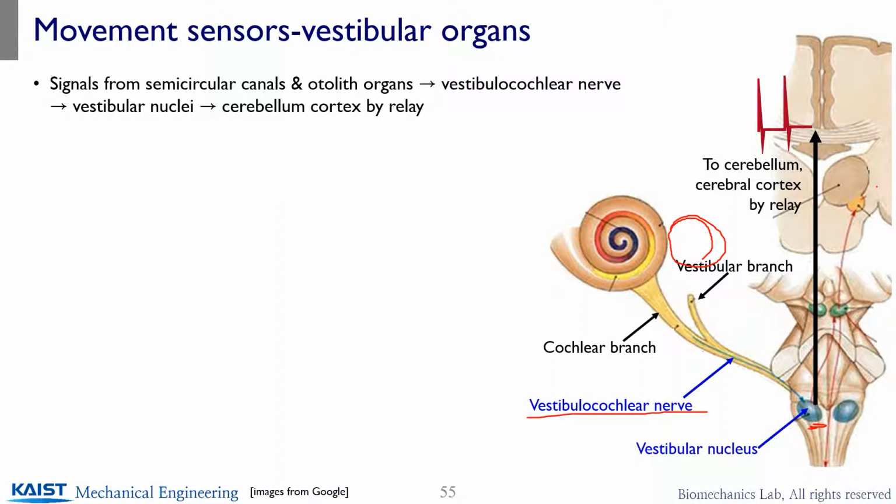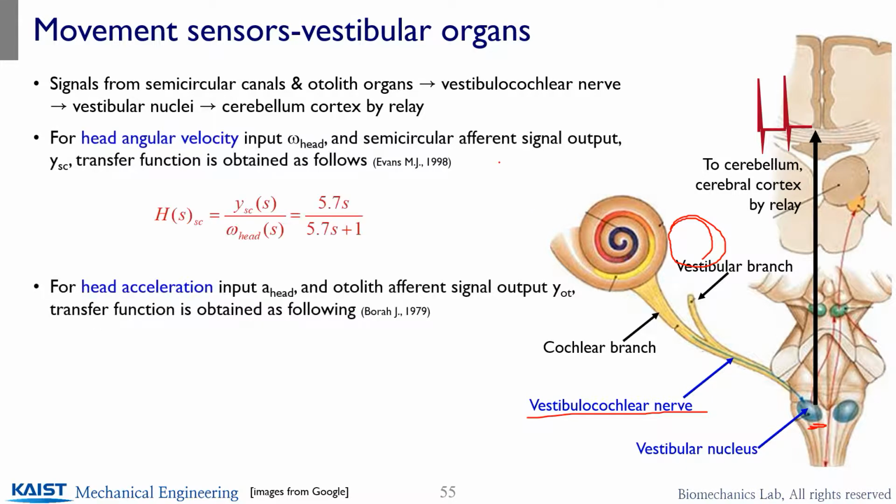So we can also get the relationship between the head movement, the input stimulus, and the output sensory afferent nerve pulse signal, so that we could obtain the transfer function between the head angular velocity, omega head, and the semicircular afferent signal, y semicircular canal.